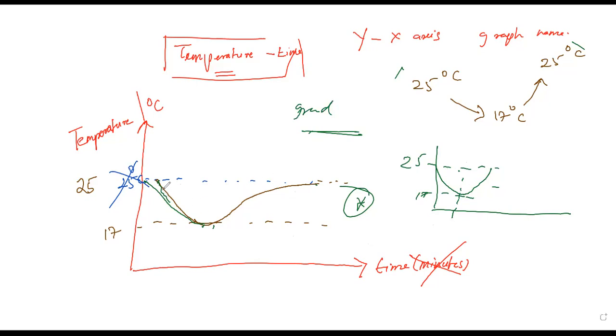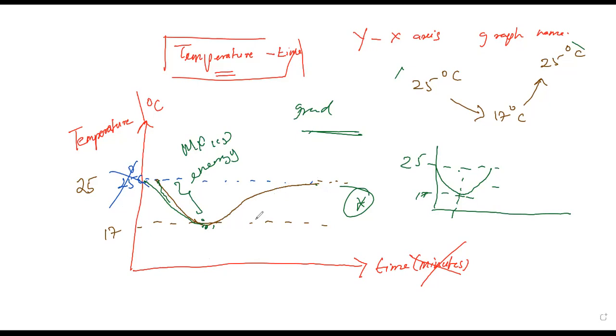Here, why is there a sudden decrease and a very slow increase? The reason is here we have provided the energy. We mixed the solid, using the glass rod you mixed it, so it quickly dissolved and came to 17 degrees Celsius. But again, you never provide any energy.